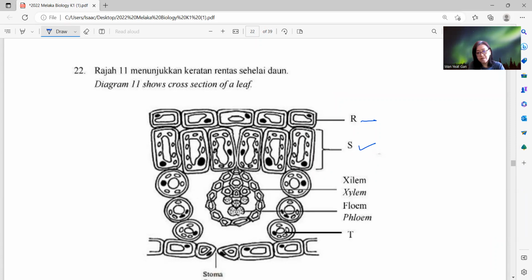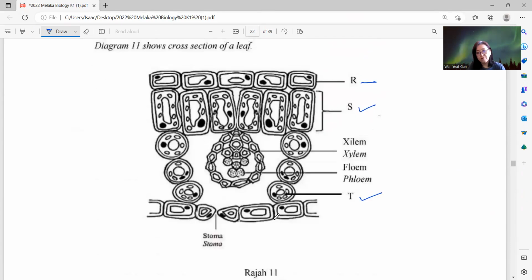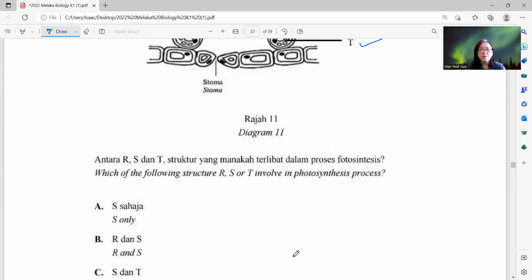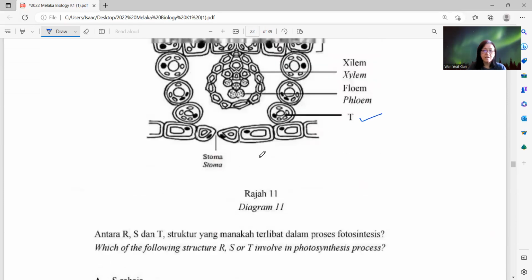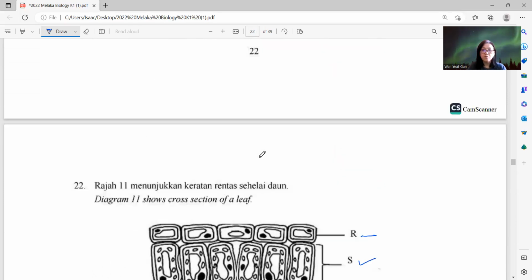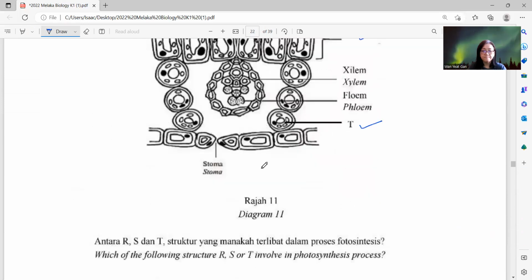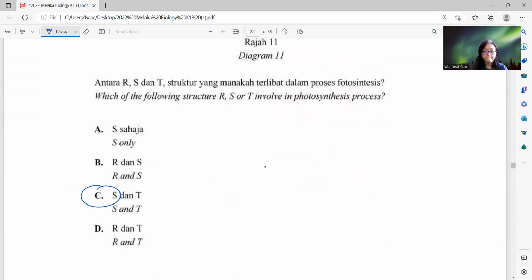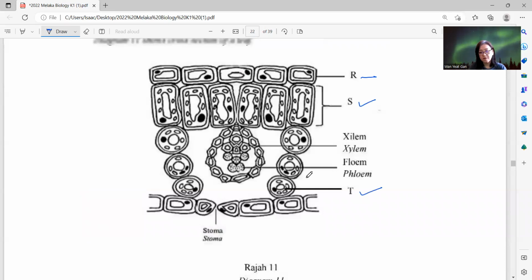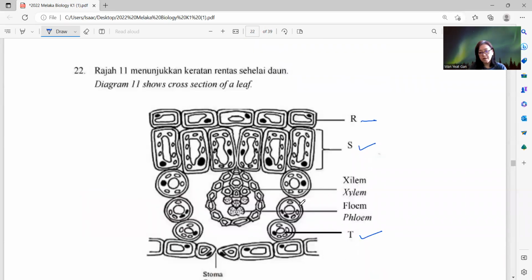Palisade mesophyll and spongy mesophyll have chloroplast. So the answer is S and T only. So 22 is C, which is spongy and palisade.